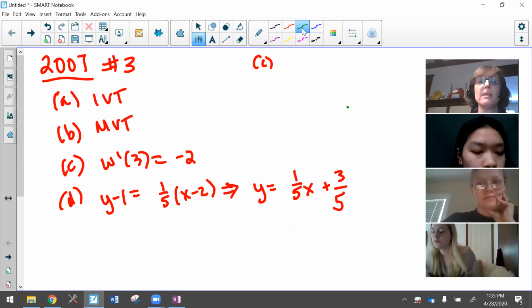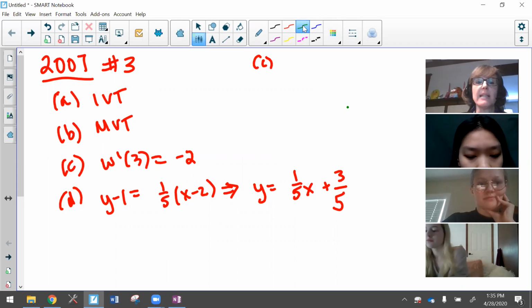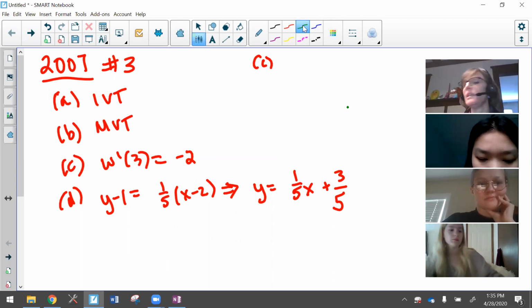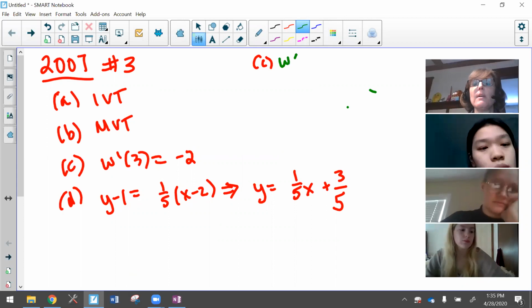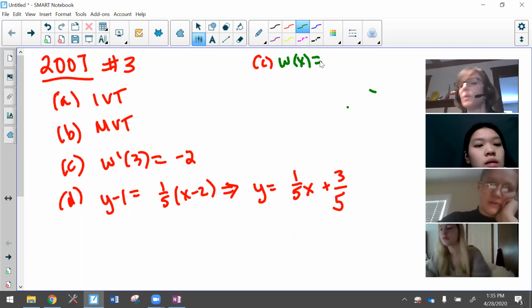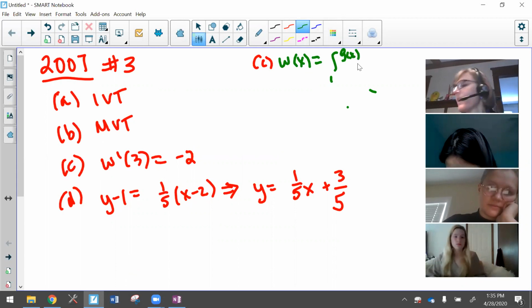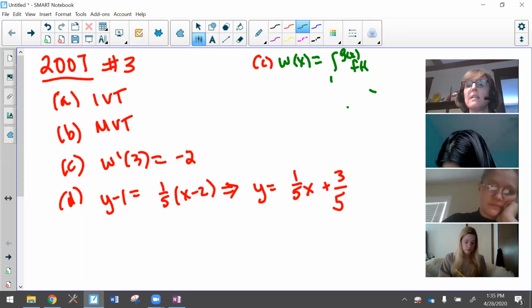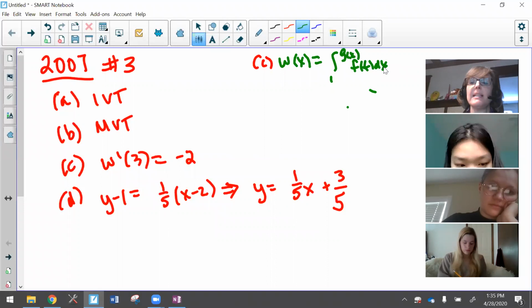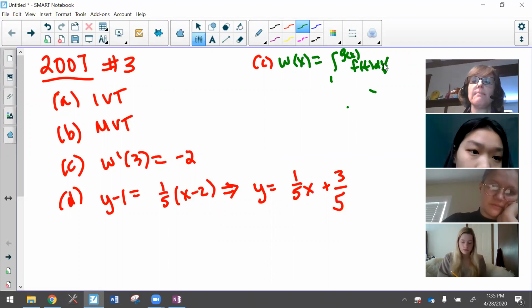If you want to keep looking at the answers, you can. So for C, W of x is equal to the integral from 1 to g of x of f of t dt, not dx, but dt.